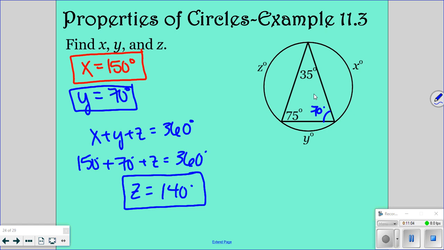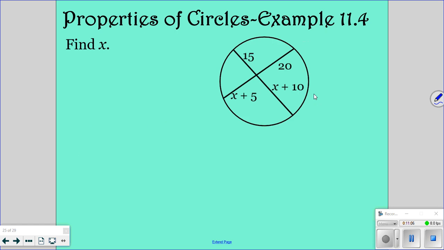Okay, we're going to look at another example. We want to find x. So on this one, we're going to do one secant. The segments of that secant are going to be 15 and x plus 10. And then the other secant, or chord, these aren't secants, they're chords, would be 20 and x plus 5.